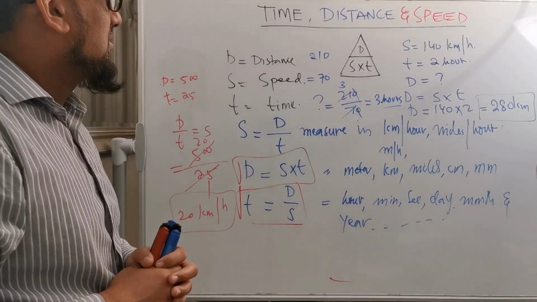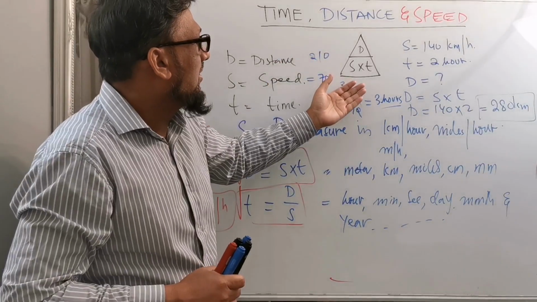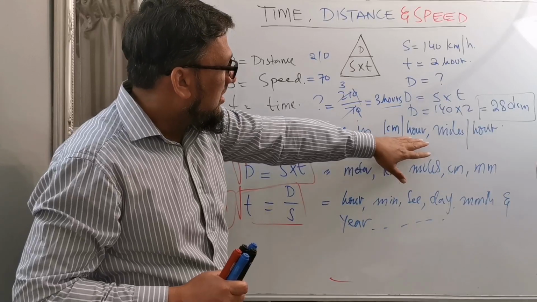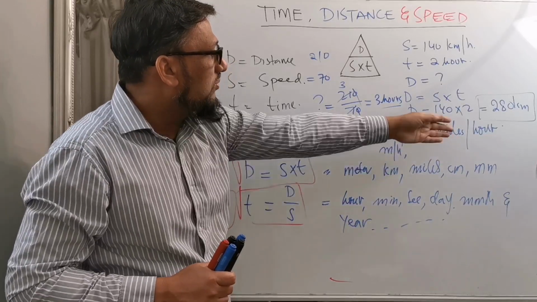And it can be represented in a unit, for example, speed measured in kilometers per hour or miles per hour.